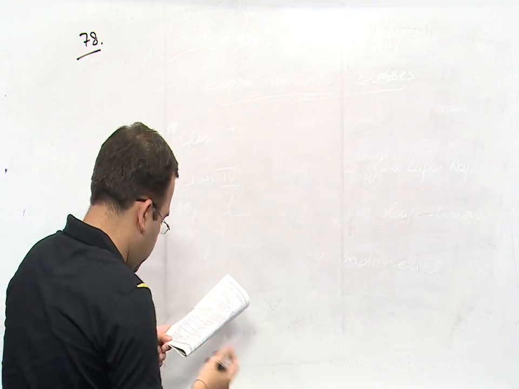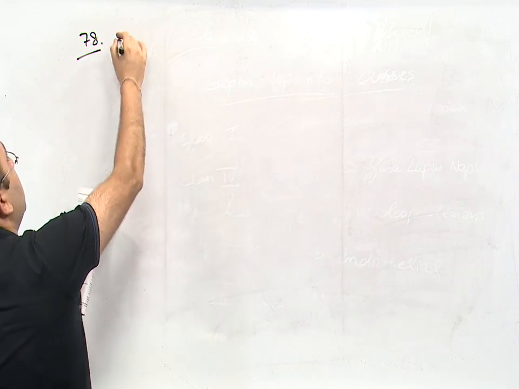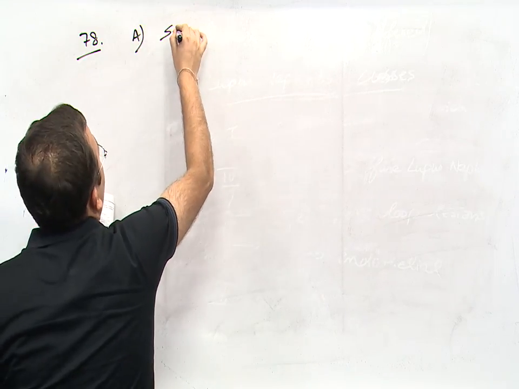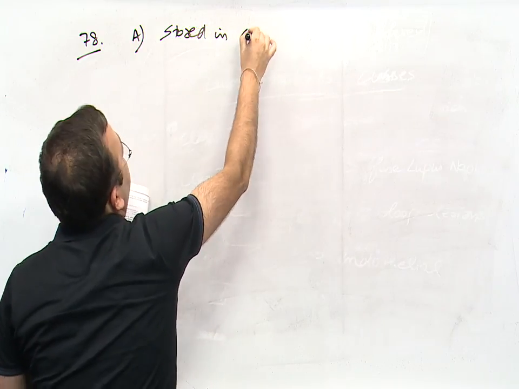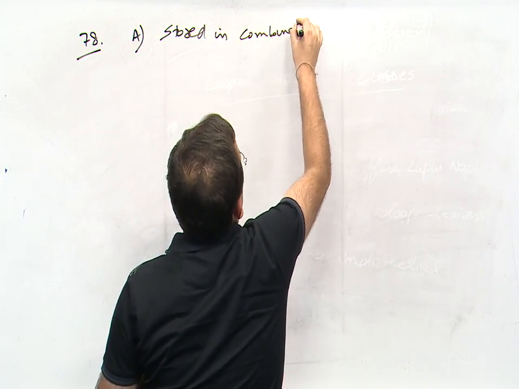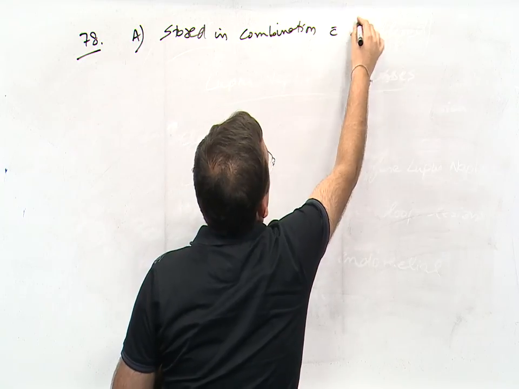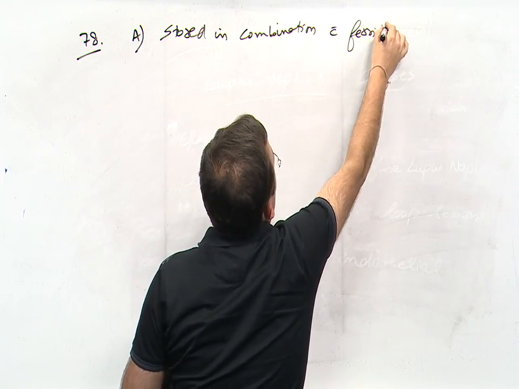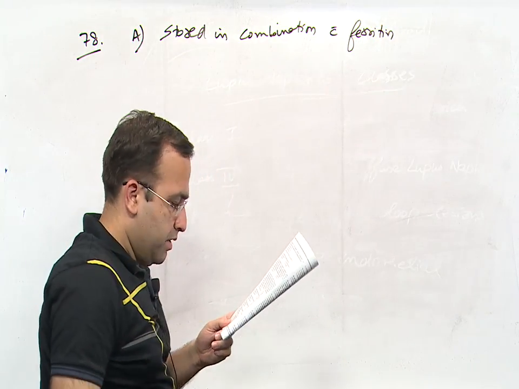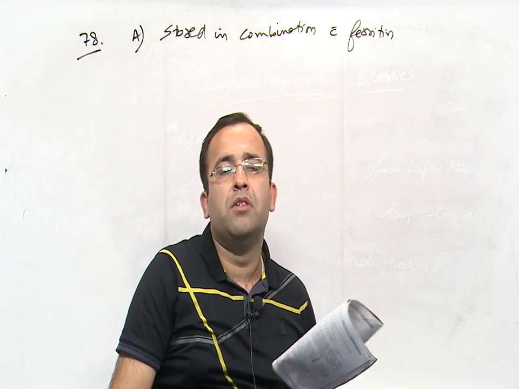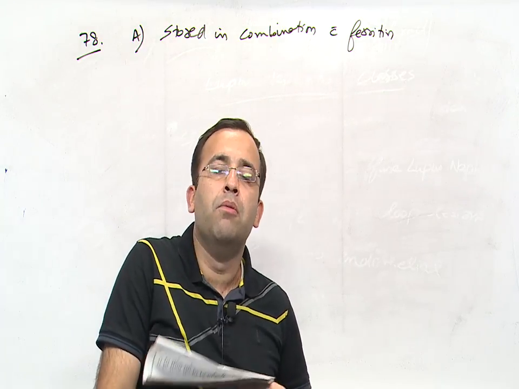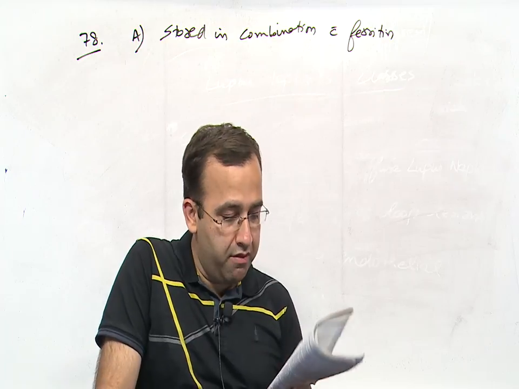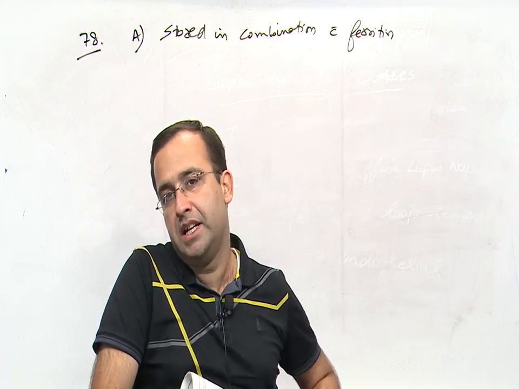True about molecular iron. It is stored in combination with ferritin. Nothing to explain in this. It is not stored in the spleen. The main sites of storage are the bone marrow and liver.